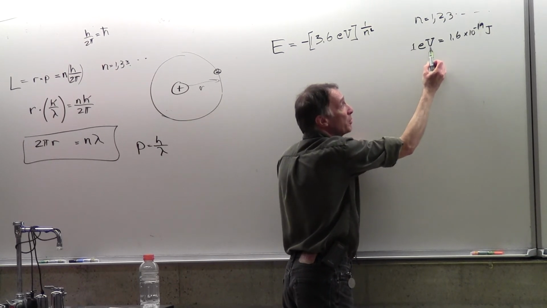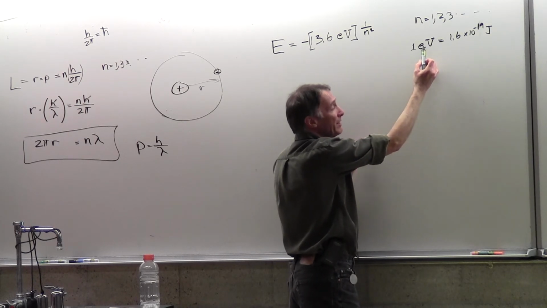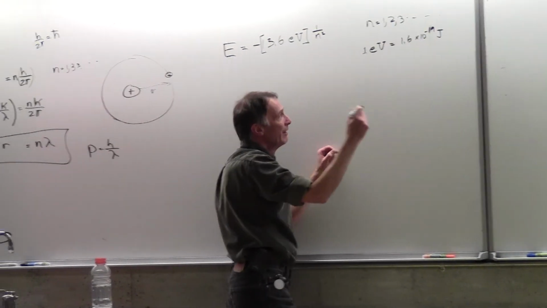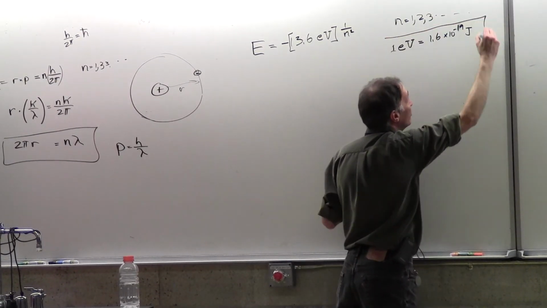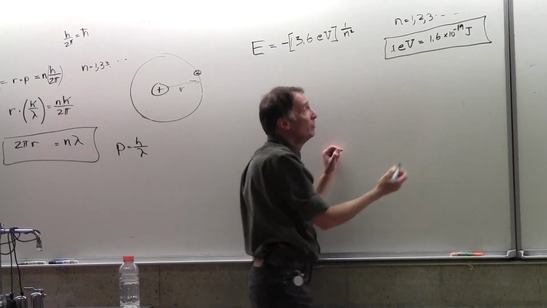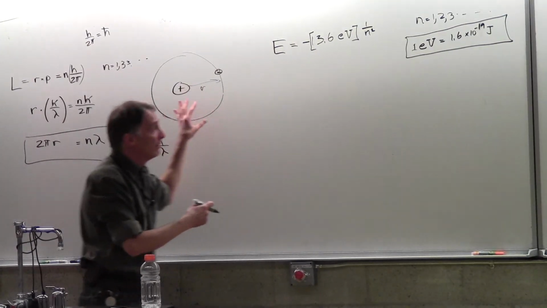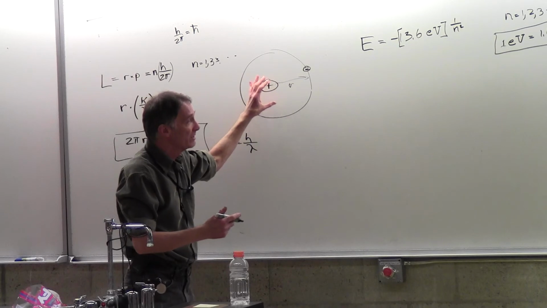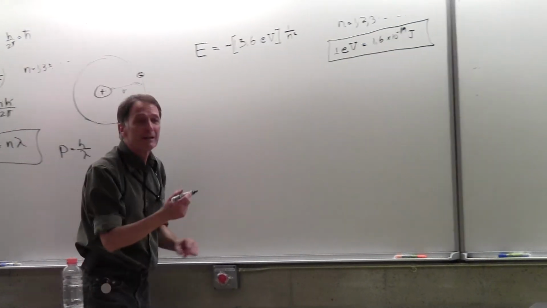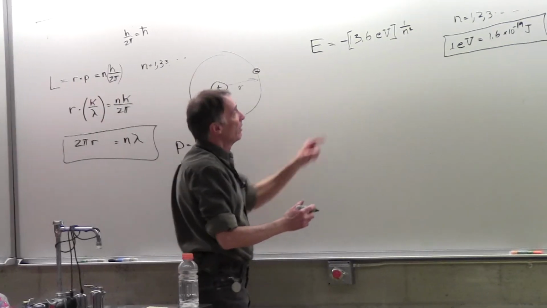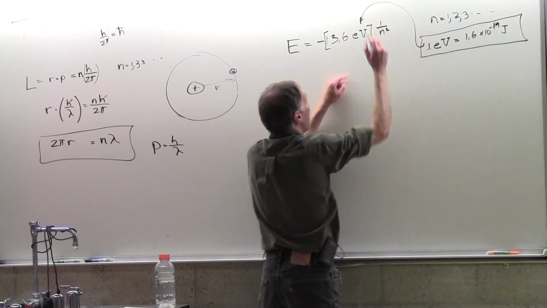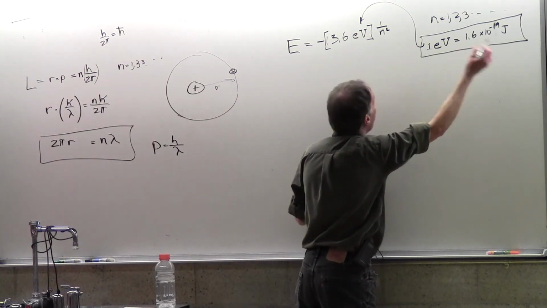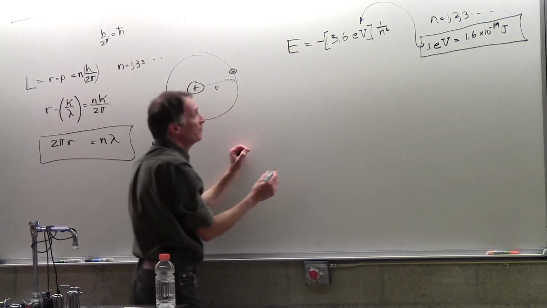A volt is a joule per coulomb, and the charge is 1.6 times 10 to the minus 19th coulomb, so it ends up being 1.6 times 10 to the minus 19th joules. For those bothered by this, just swallow it and say this is a new unit of energy. It gets used a lot down on the atomic scale because it's convenient with elementary charges. So you'll want to take 13.6 times that to get the number of joules.